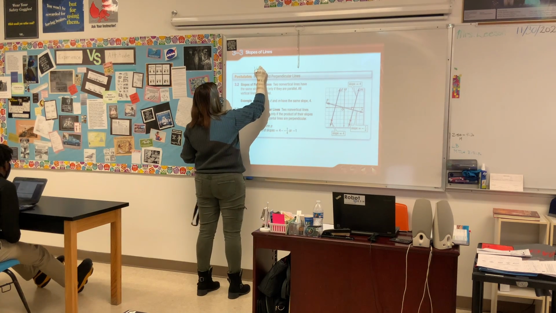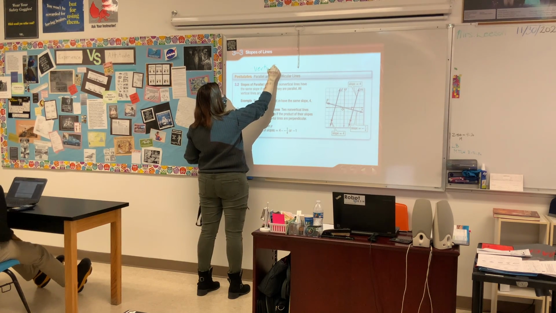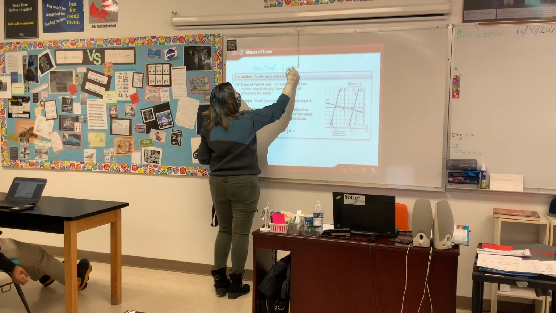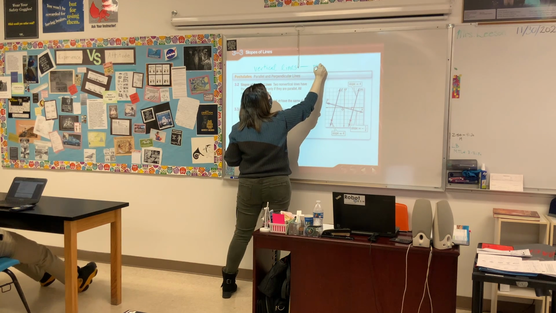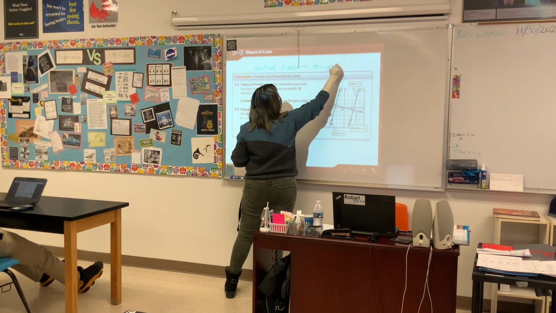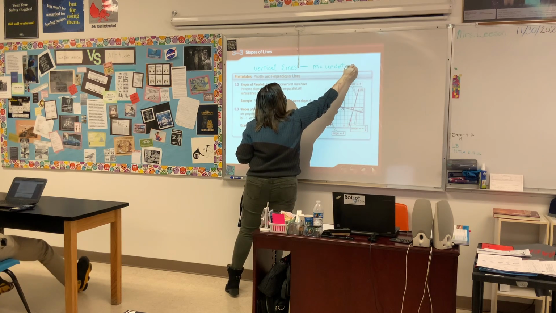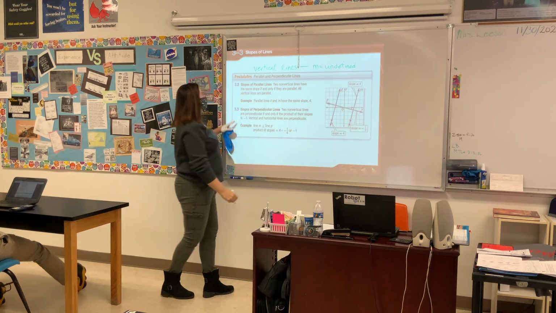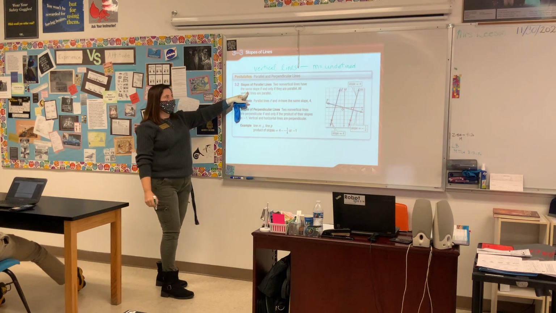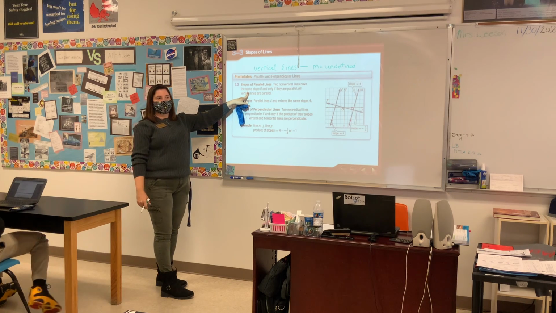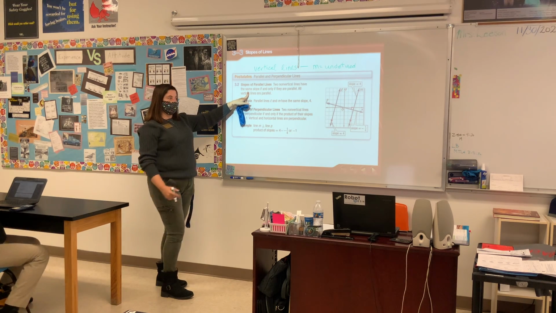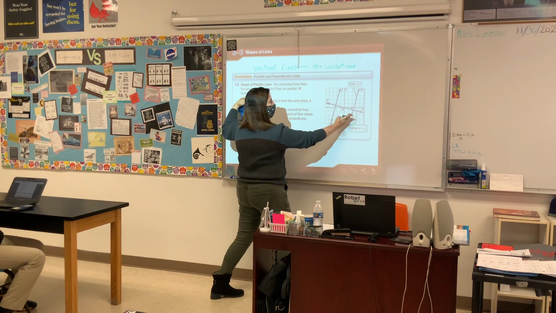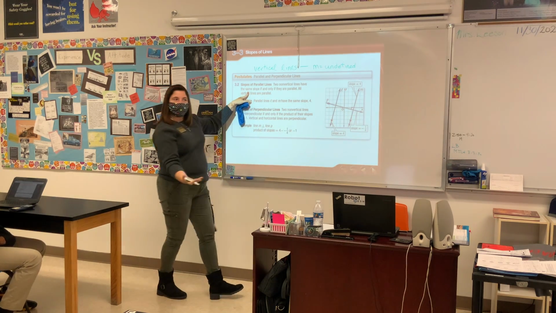Because if I have vertical lines, M equals undefined, right? So they need to be non-vertical. They will have the same slope, only if they're parallel. Makes sense to me, right? These two have the same slope, so they're parallel. They're always going to be the same distance apart.